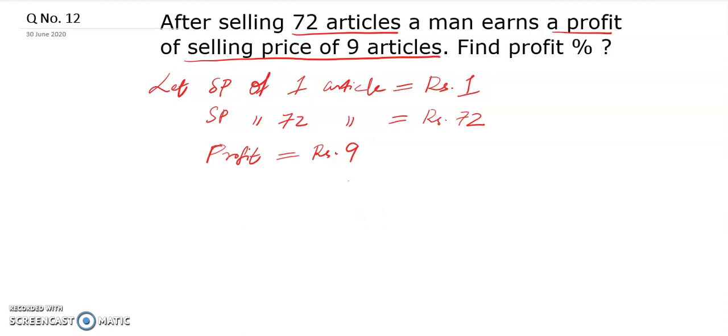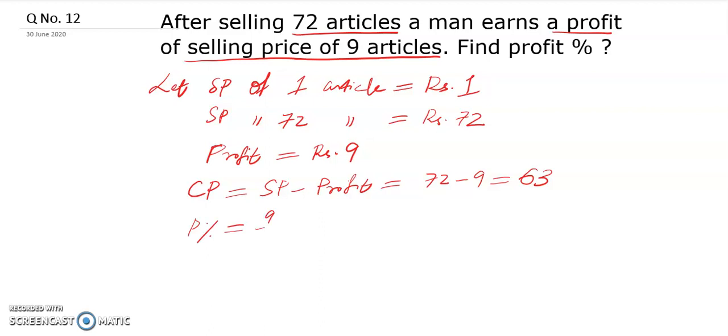So we need to find the profit percent. Now if we need to find CP, our formula is SP minus profit. So our SP is 72, profit is 9, 72 minus 9 will give us 63. So profit percent will be, profit is 9, profit upon CP, CP is 63 into 100.